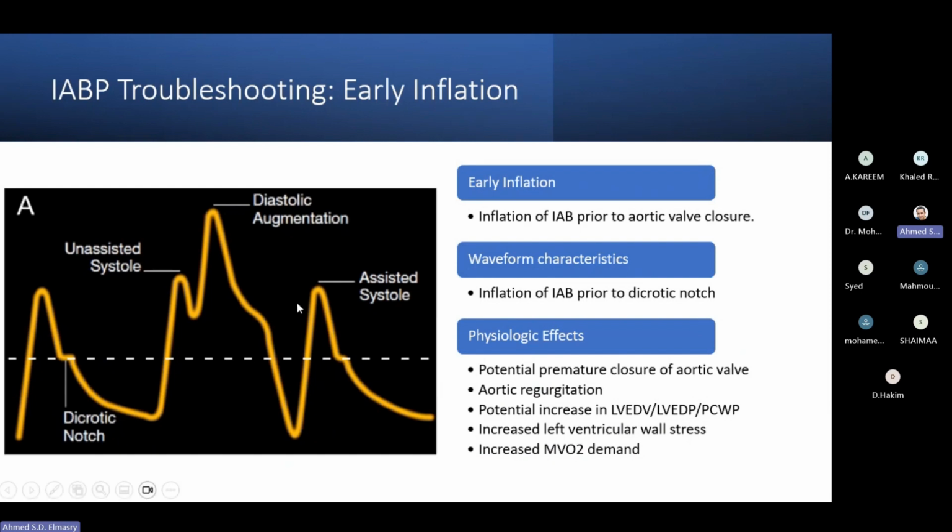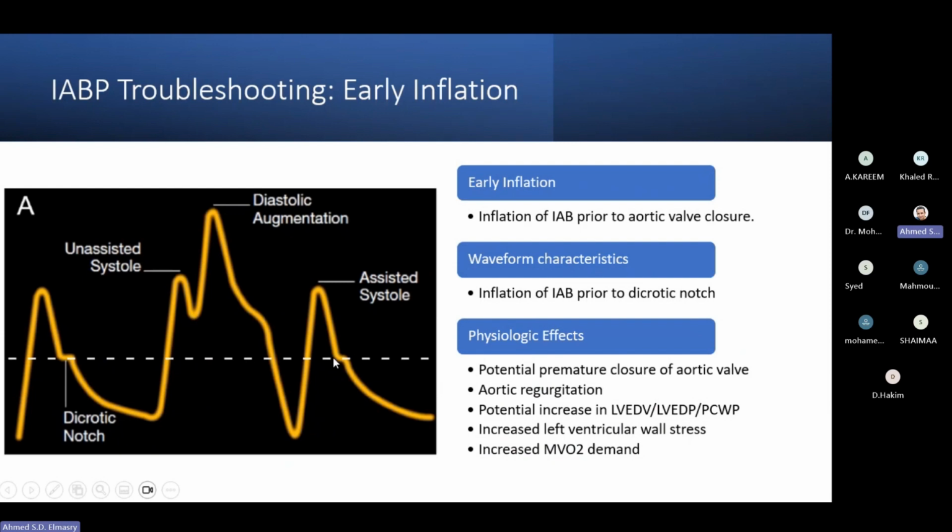So you will put the reference line here at the level of the dicrotic notch, and you will see the inflation point. And as you see here, the inflation point is above the level of the dicrotic notch. Meaning the inflation happened earlier. It was supposed to happen here, but it happened here.